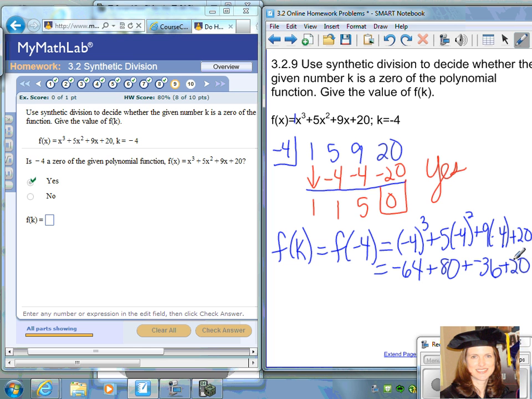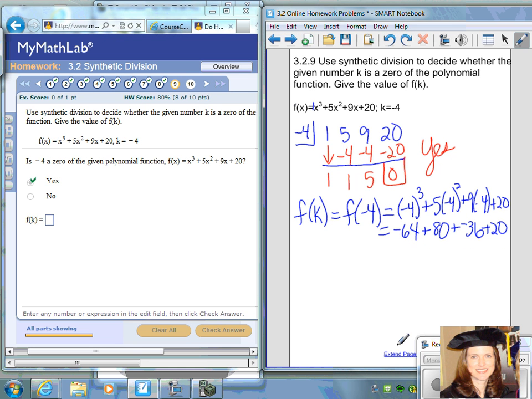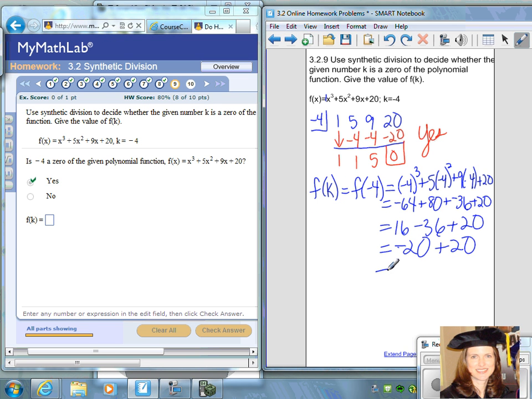So that's going to be negative 64 plus 80, which is 16, minus 36 plus 20. So 16 minus 36 is negative 20, and plus 20 is 0.